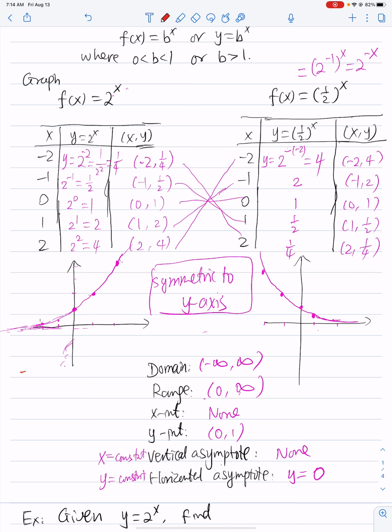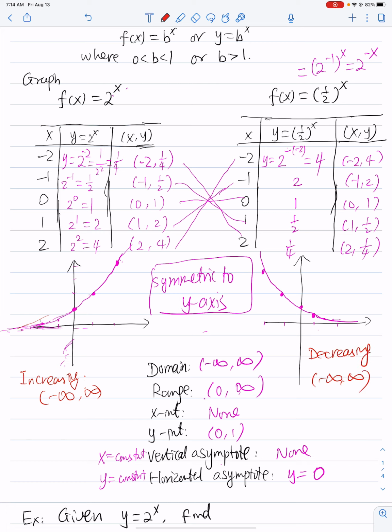This one is increasing, always increasing, from negative infinity to infinity. Here is decreasing, also over negative infinity to infinity.